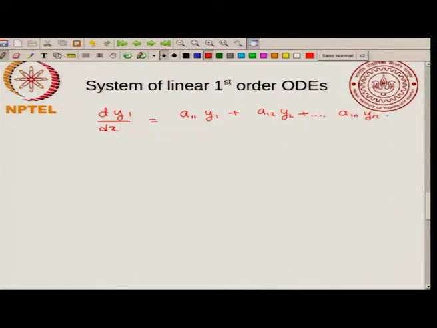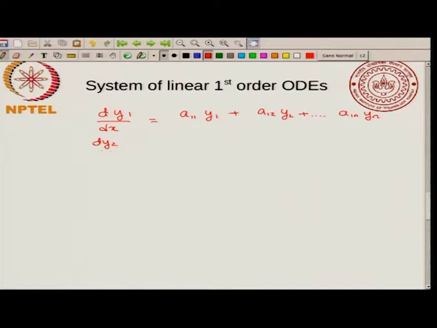So, y1, y2 up to yn are the dependent variables. And what I did is I wrote the differential equation for y1 as some constant times y1 plus some constant times y2 plus all the way. Okay. So, this is a linear first order differential equation. It is linear in all these dependent variables.